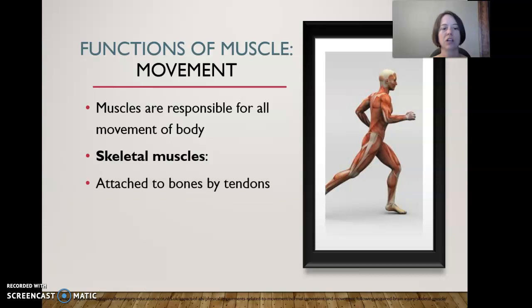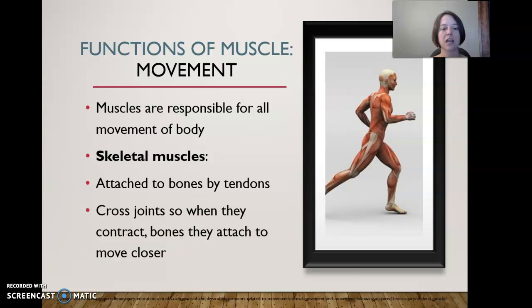So skeletal muscles are attached to bones by tendons, and they cross joints, so when they contract, the bones they attach to are going to move closer to each other. So the biceps brachii is attached to my shoulder and my elbow, and then when I contract it, it moves my forearm closer to my shoulder.